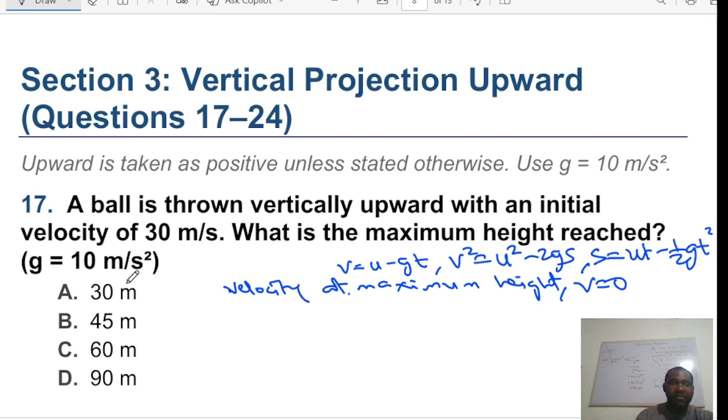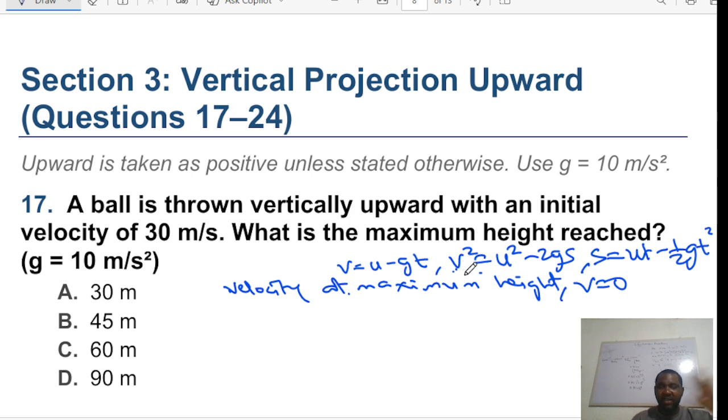Now, number 17: a ball is thrown vertically upwards with an initial velocity of 30 meters per second. What is the maximum height reached? To calculate the maximum height reached, the best formula to use is the second one, because v is the final velocity, which is 0 at the maximum height.